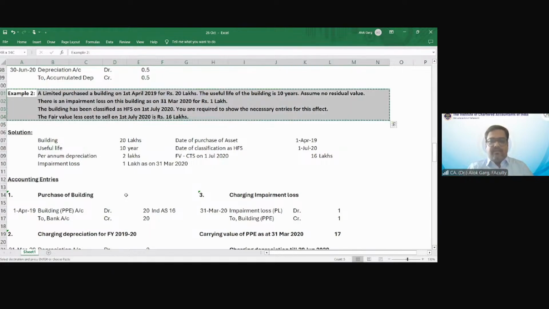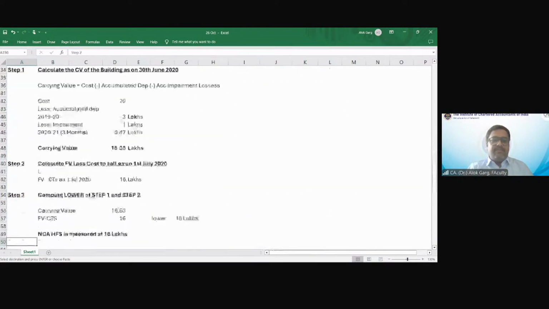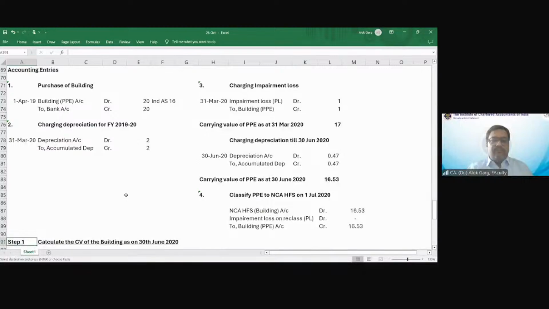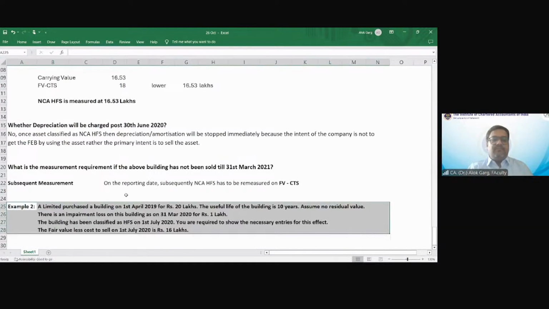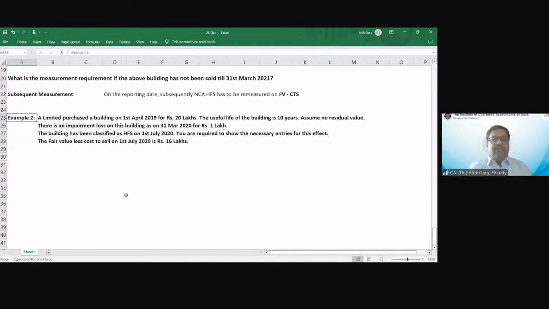I am again copying this example. This will become example number 4.